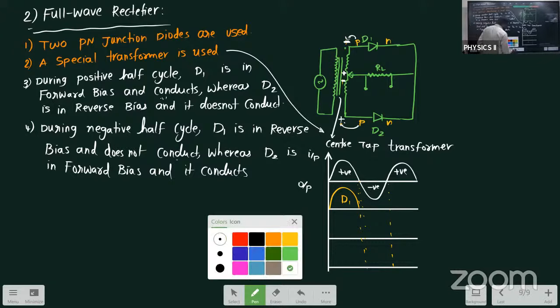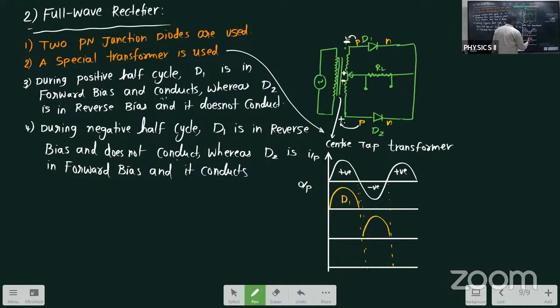So here the output I will be getting during negative half cycle is because of the D1 diode or D2 diode? It is because of D2 diode.